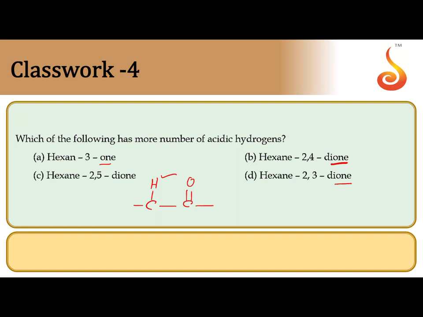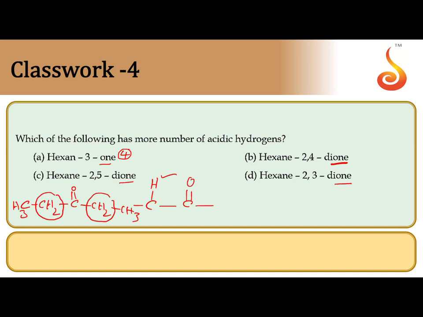All are ketones given, so we have to count the number of alpha hydrogens. If you take hexane-3-one, both the sides alpha carbons are there. Here only 4 alpha hydrogens are present.